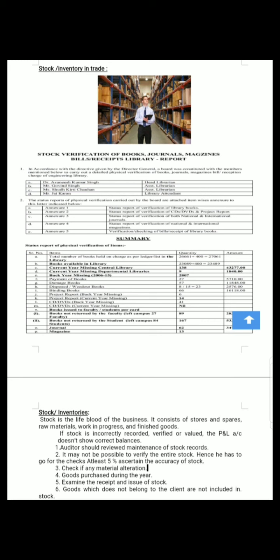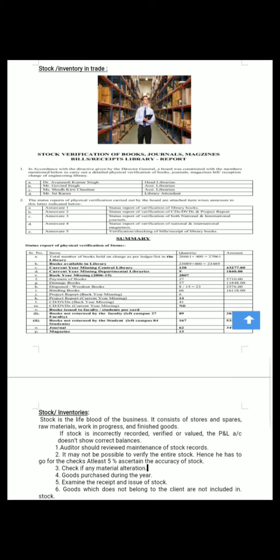First they issue, then receipts, again they issue, again they receive, again they purchase, all those things. In case it is not done in the right way, the entire balance will not come to the true picture. It may go wrong and we cannot get the true profit and loss account.